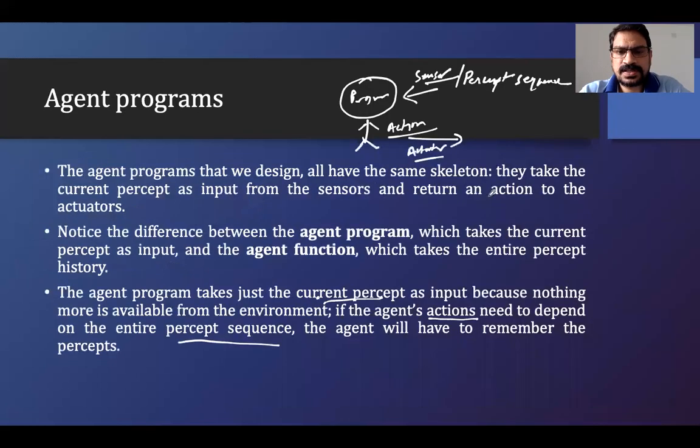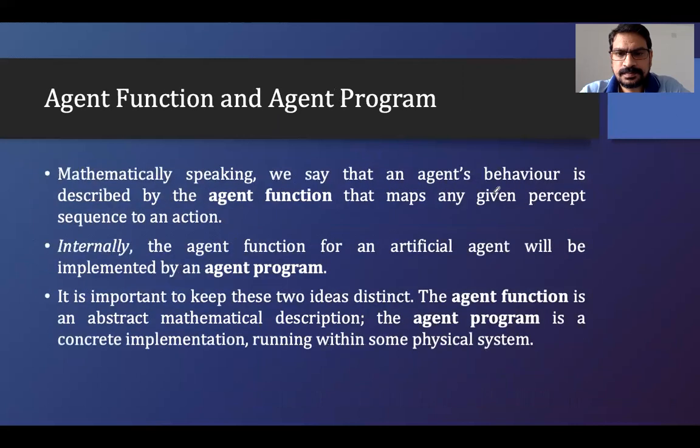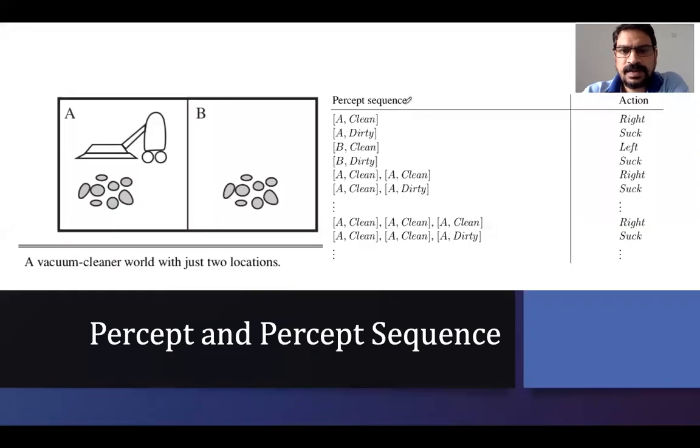As you can see in this particular diagram, we have the percept sequence available. Let's say A is clean, then it will go right. A is dirty, then it will start suction. If B is clean, then it will go left. If B is dirty, it will do the suction, right?